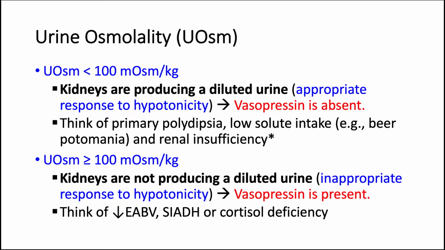One would be conditions that cause low effective arterial blood volume, such as hypovolemia, heart failure, and cirrhosis. The second one would be SIADH, and the third, cortisol deficiency, right? So remember that cortisol inhibits ADH release. So when you don't have cortisol, ADH is uninhibited. But it's important to think about those three groups of potential causes of hyponatremia.